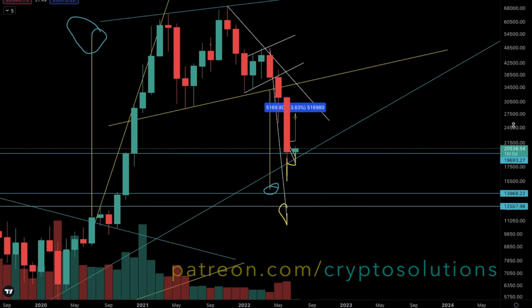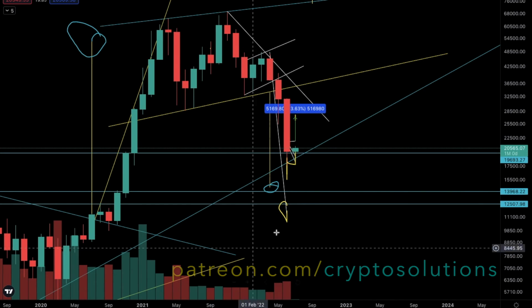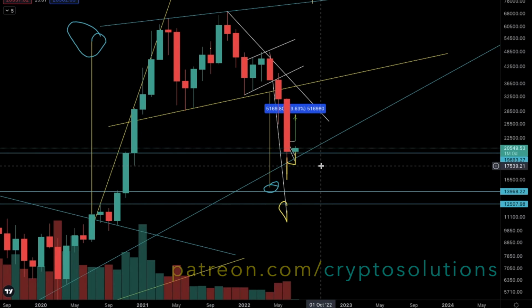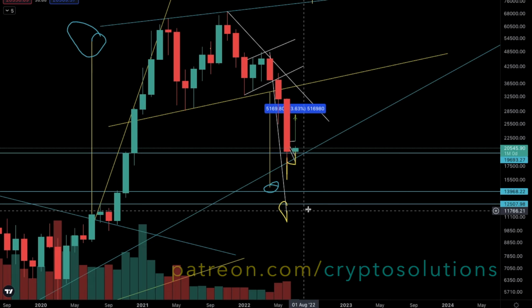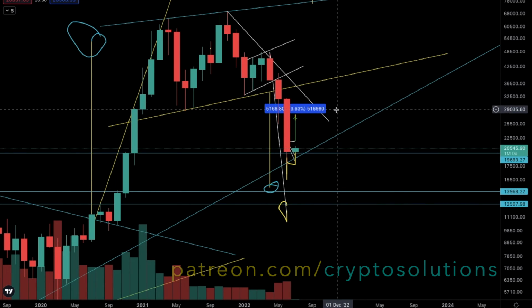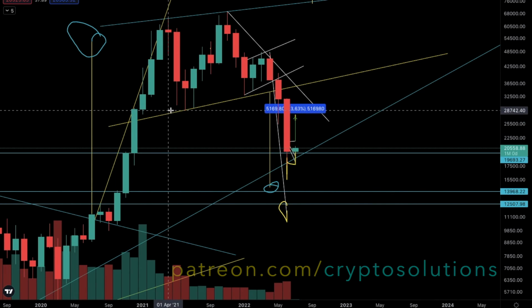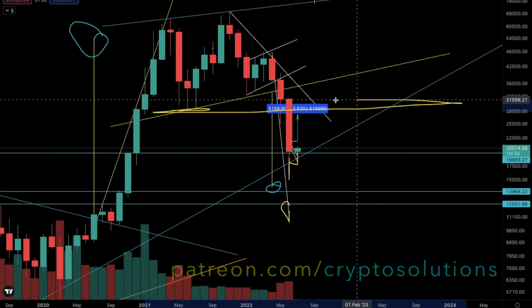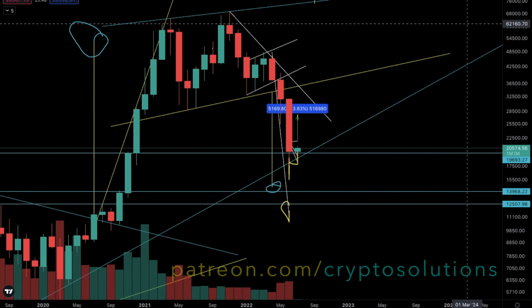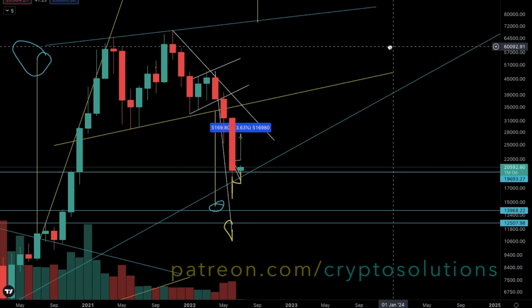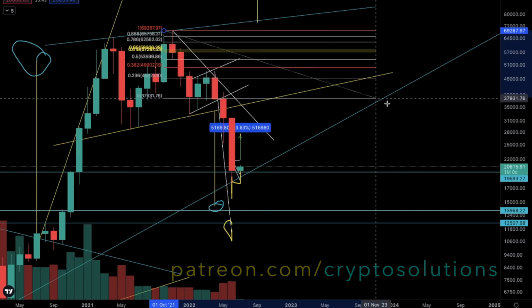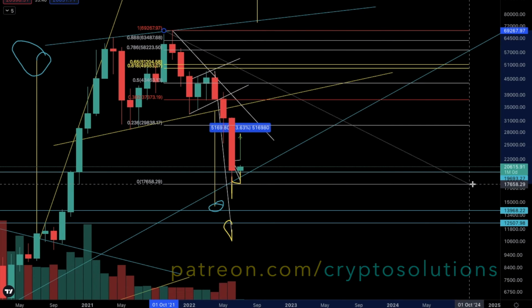And the resistances, the first one right there, $28,742 level, huge horizontal resistance. If the Bitcoin price wants to bounce from here, then these will be the resistances right there.